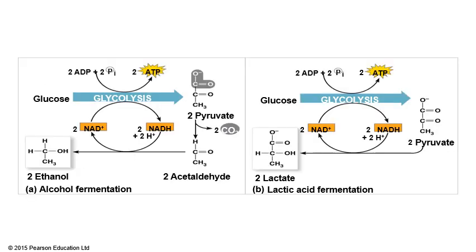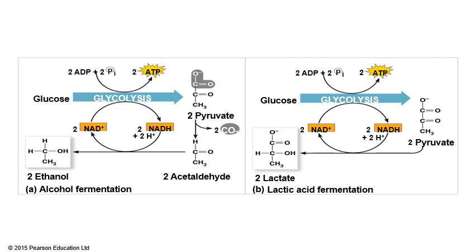This shows you two types of fermentation: alcohol fermentation and lactic acid fermentation. Their end products are, first one alcohol and second one lactic acid. That's why we call them by their end product, alcohol fermentation or lactic acid fermentation.